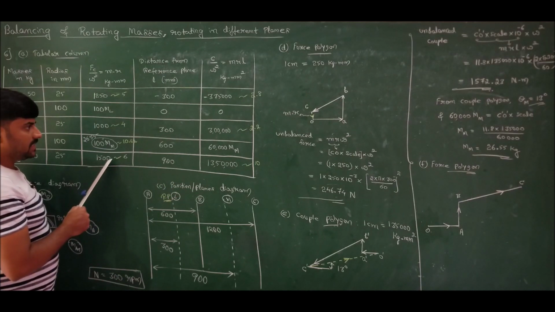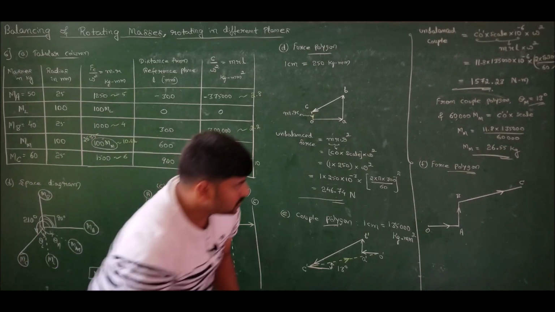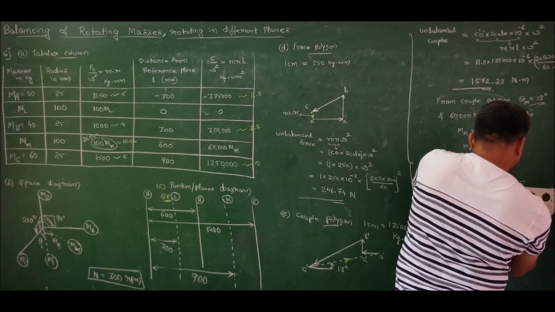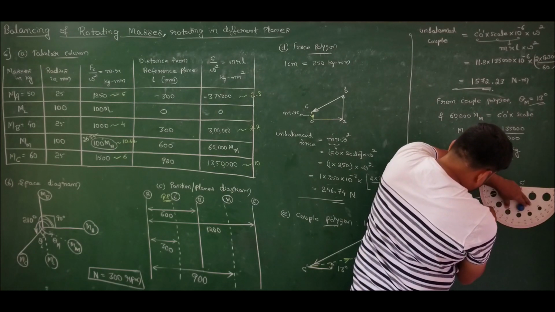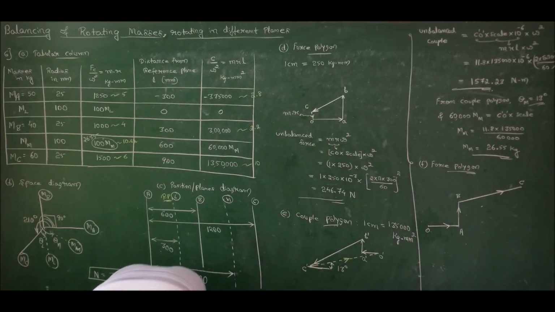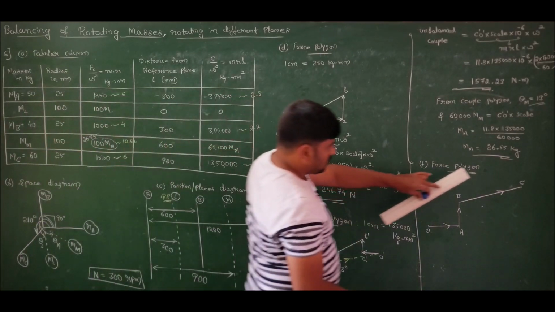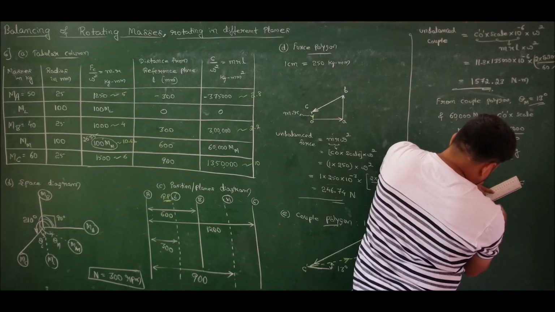Now I should draw 6 centimeters. The angle is 210 degrees. So 210 means how much? 30 degrees from the negative x-axis, right? So draw 30 degrees. Drawn 30 degrees. Now the length is 6 centimeters. Draw 6 centimeters. And drawn 6 centimeters.